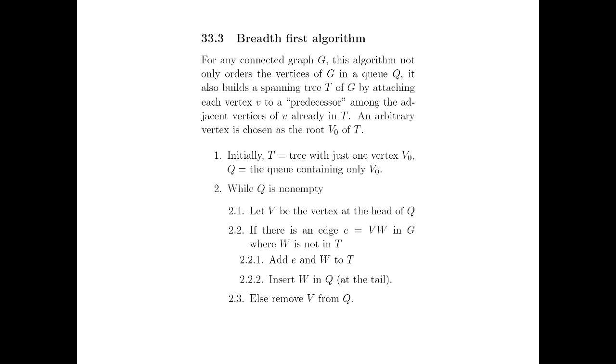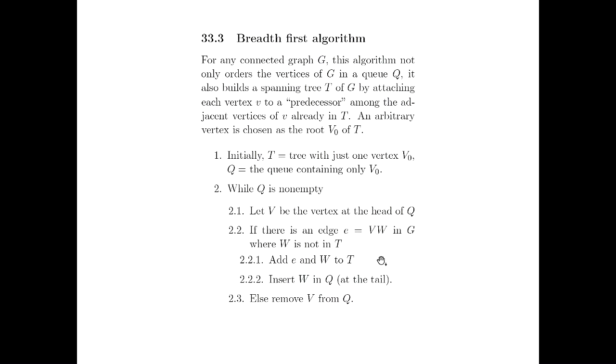Okay, so just to go back to the algorithm, so hopefully you sort of get it fully now you've seen it in action. Remember, we add a root vertex to our queue, and then we look at our head vertex, we look at everywhere we can go from that vertex, one by one, in alphabetical order, we add those edges to the tree and those vertices to the back of our queue.